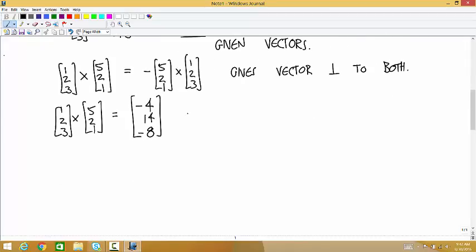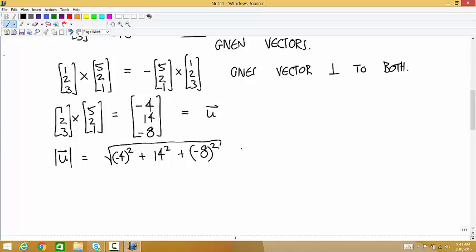So we'll call this u. And then the magnitude of u is 4 squared plus 14 squared plus negative 8 squared, those negatives don't end up mattering. And what do you get for this? 276.